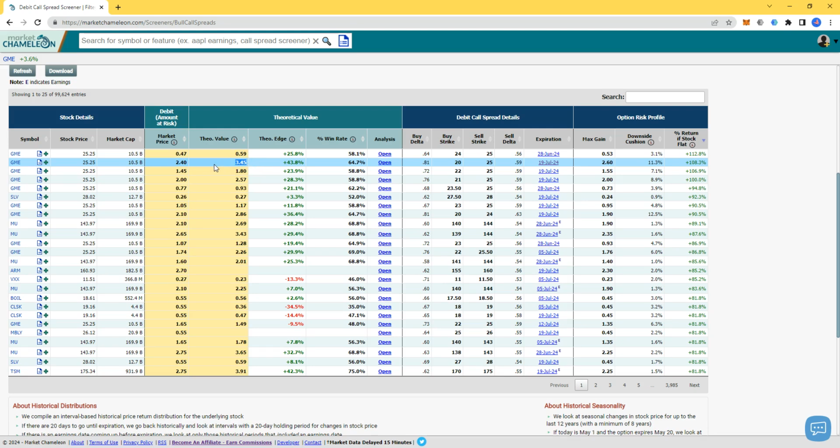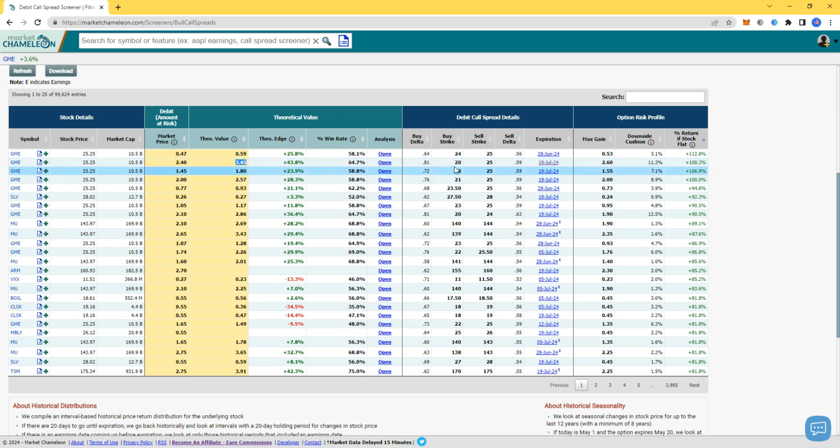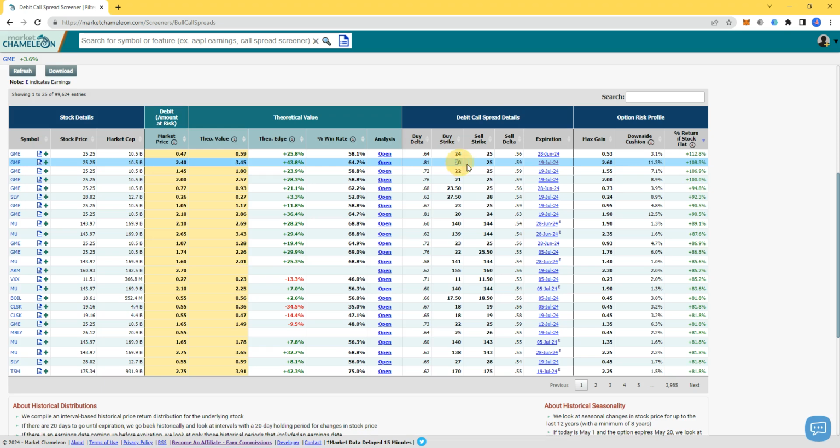Let's call it $350. So based on history, if you believe that GameStop can stay above 25, which they are right now, you take this trade, you buy the 20 call, you sell the 25 call right here, and you're only paying $240 for a max profit of the difference, which is right here, 260.